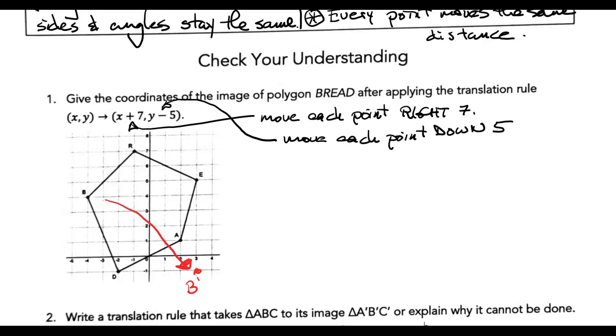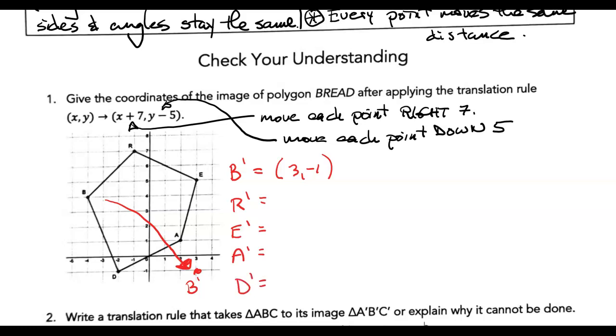So let's take a look at and just use our rule to figure out the new coordinates. So I'm going to have B prime, which I see here is 3, -1, and then we'll have R prime, E prime, A prime, and D prime.